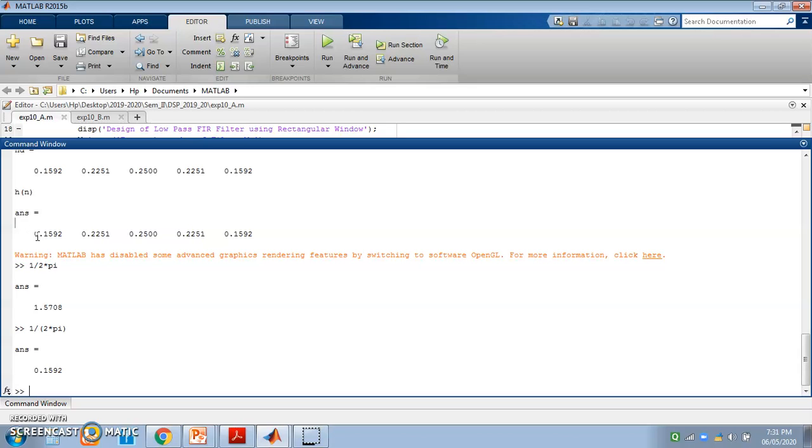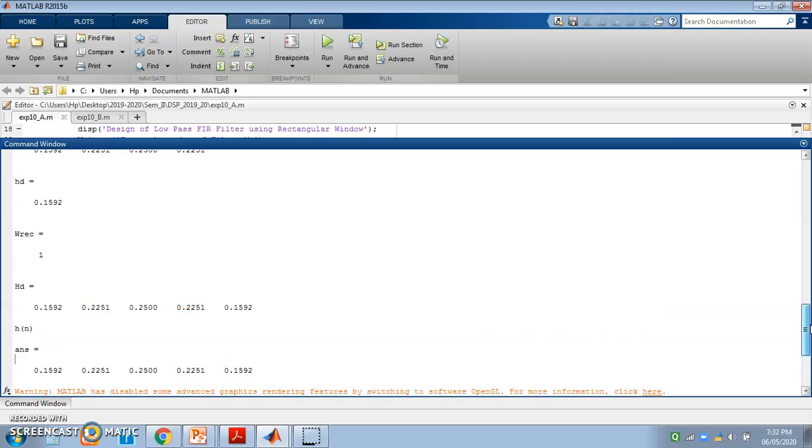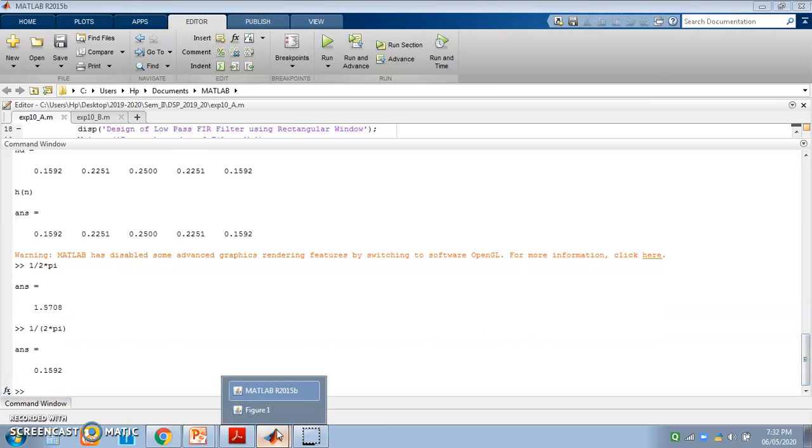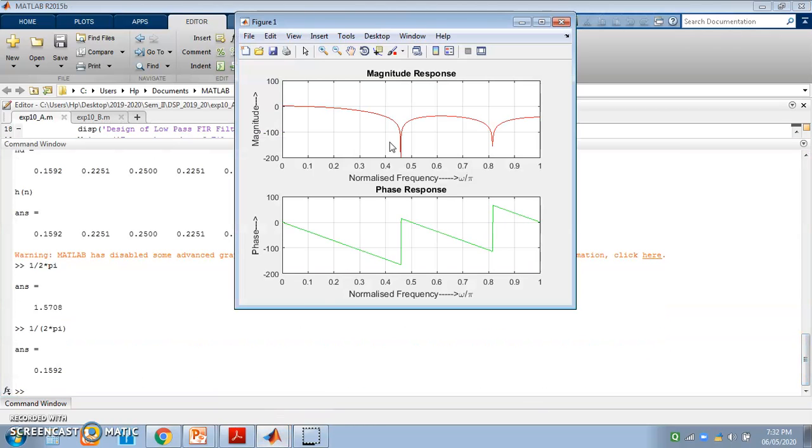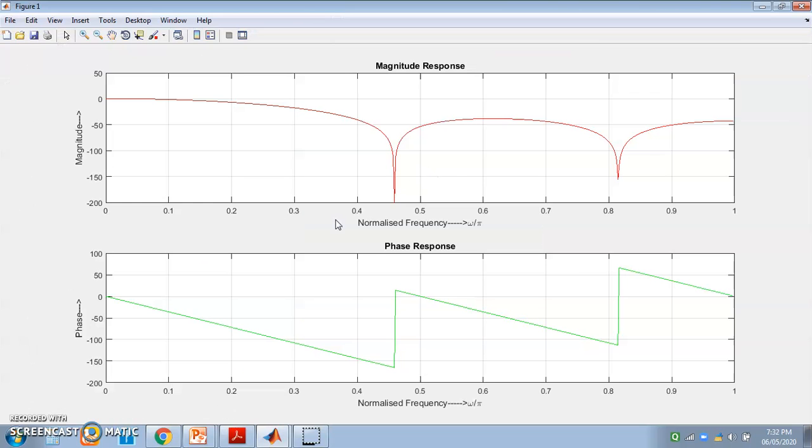So once we verify those values, that is HD of n equal to 0.1592, 0.225, 1.25, this is getting converted into the transfer function, and the transfer function is solved on the unit circle with respect to omega, which ranges from 0 to pi, or 0 to minus pi, likewise. Once we have the freqz command in MATLAB, we can have the frequency response as shown in the magnitude plot and the phase plot.